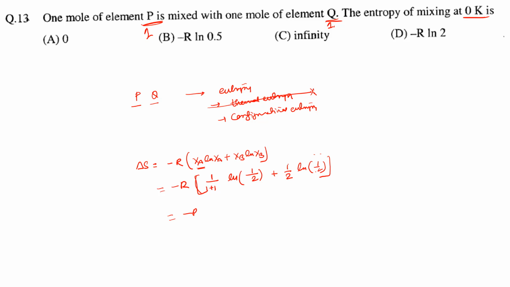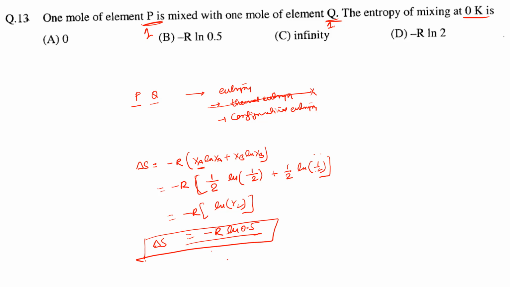So 1 by 1 plus 1 we can write as 1 by 2. So it will be -R ln 0.5. Okay, so option B.